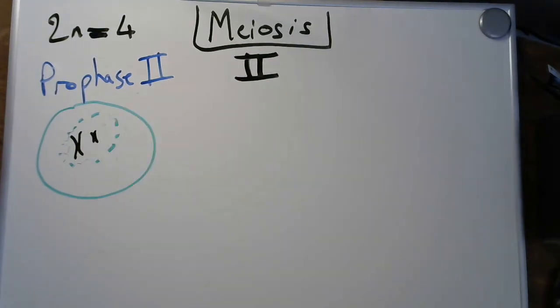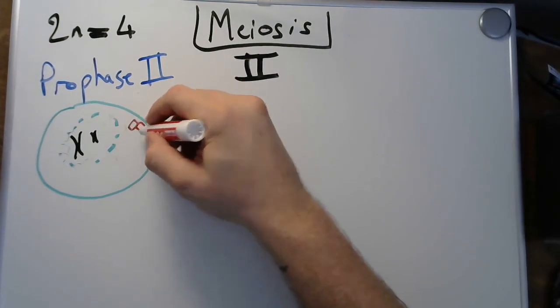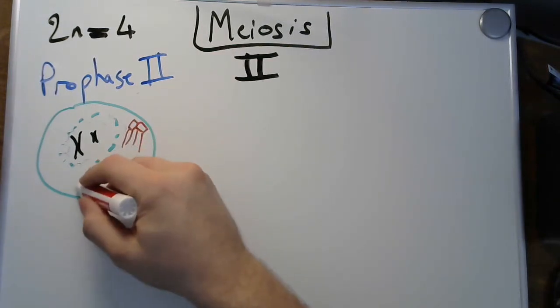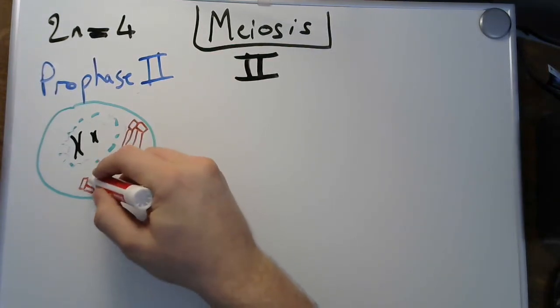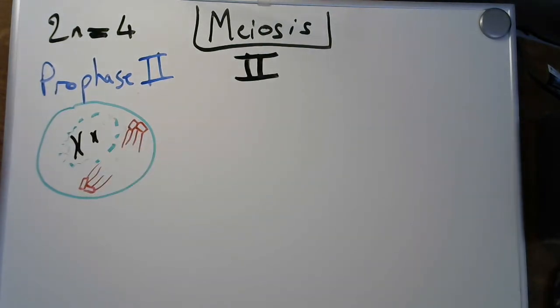That's prophase 2, and the spindle fibers come out of the centrosomes. Once again, they are synthesized. And the centrosome, remember that we have only one that went that way, so another one has been synthesized as well. So that's prophase 2. Really simple, really easy.